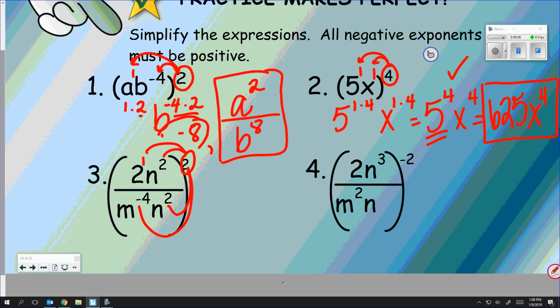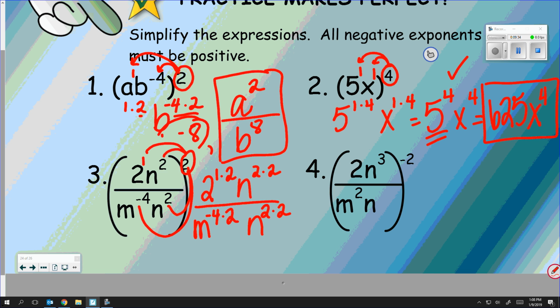So we have 2 to the power of 1 times that 2 we distributed, n to the power of 2 times that 2 that we distributed, divided by n to the negative 4 times the 2 we distributed, and n to the 2 times that 2 that we distributed.